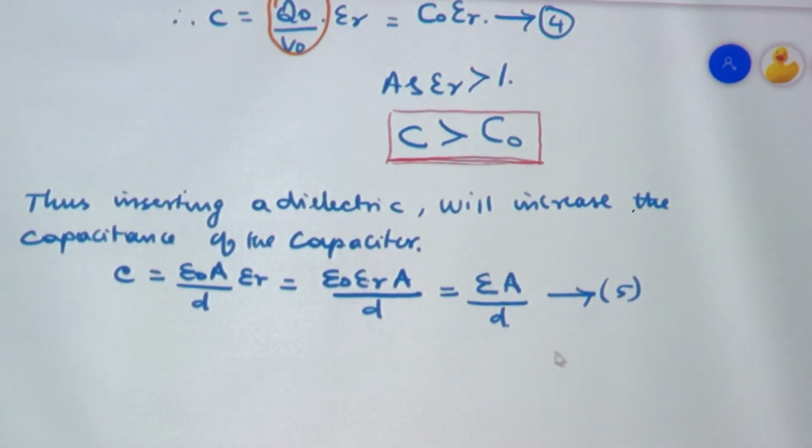Why I have written it here is since epsilon is equal to epsilon 0 into epsilon R.